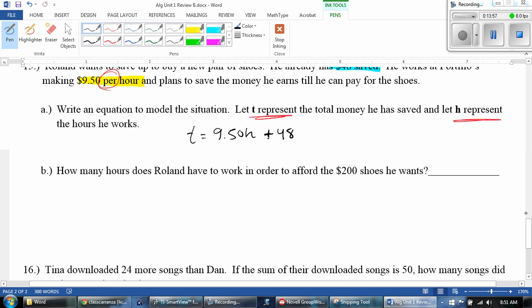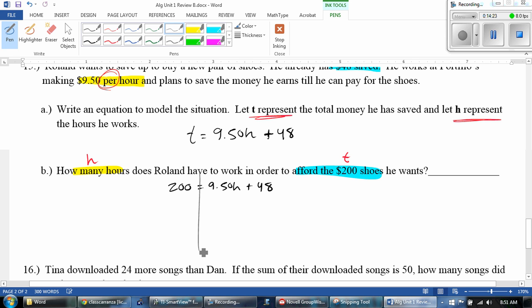B, how many hours? So how many hours, that's what we don't know, for the $200 shoes. So remember, hours is H and the shoes is T, because that's the total. So we would say that 200 equals 9.50H plus 48.